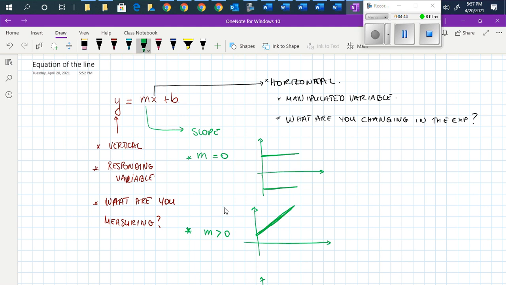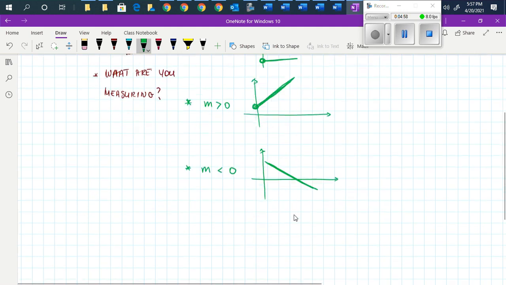And then the last thing here is the y-intercept, which is, let's suppose, this value here, or that value here. In a lot of cases in physics, you will see that the y-intercept is equal to 0 based on the theory.